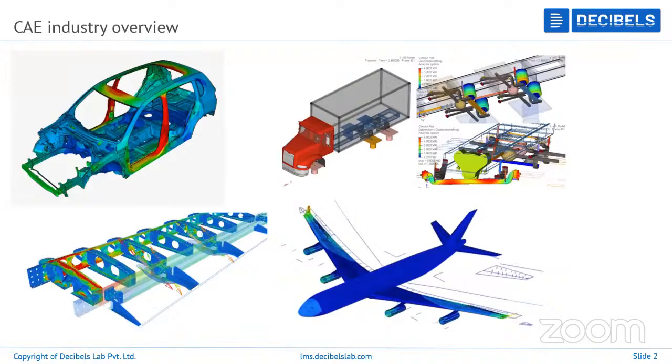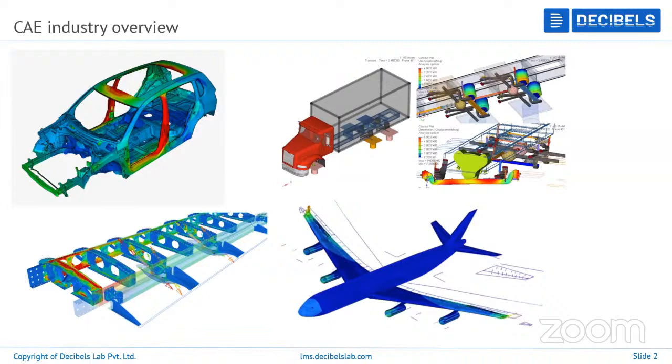As we all know, the CAE industry has occupied all the automotive parts, like automobiles, defense, electronics, and medical devices, even industrial equipment and so on. CAE is not only meant for the automotive sector; it is in aerospace, the medical field, and electronics too.